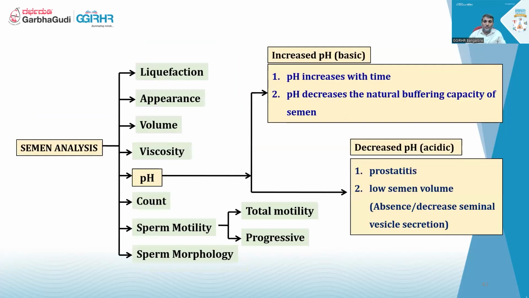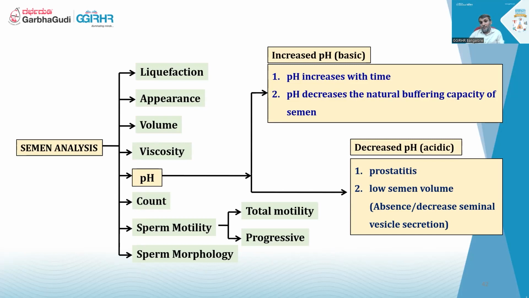Now coming to the pH, we term it as increased pH and decreased pH. Decreased pH is acidic pH. The pH should be 7.2 according to the WHO manual. Decreased pH can be due to prostatitis or low semen volume.